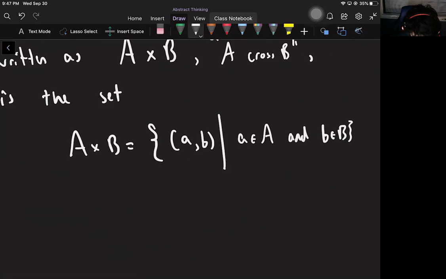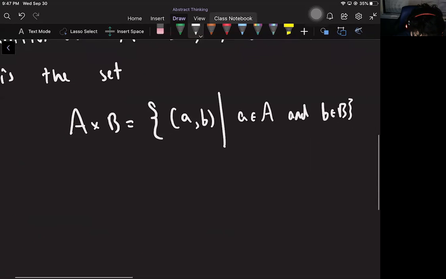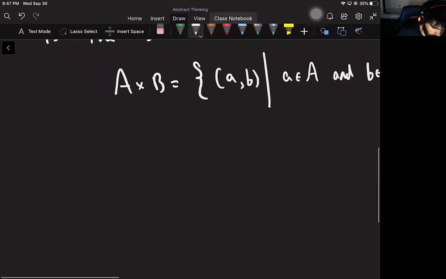Little a is going to go through all the possibilities of A, little b is going to go through all the possibilities of B. So you're going to get a whole bunch of ordered pairs when you do that. It's best to see an example, but that's the actual definition.